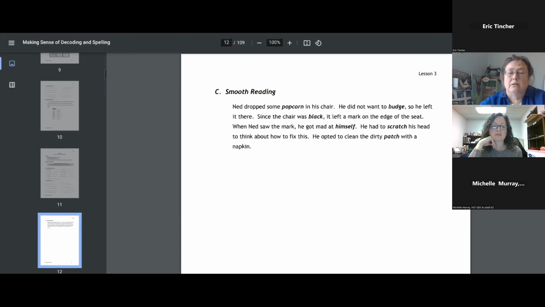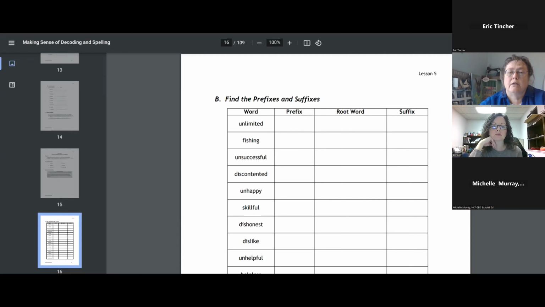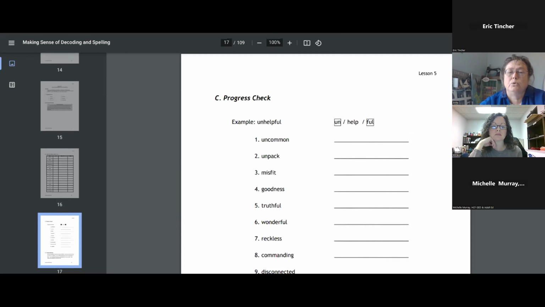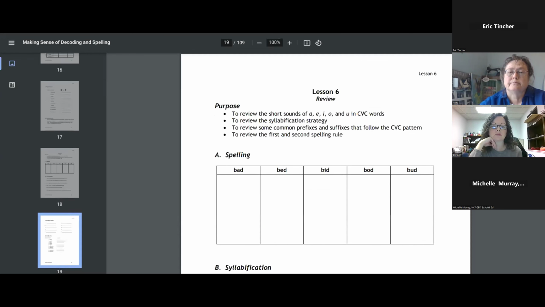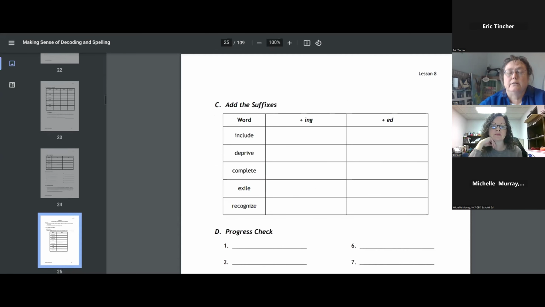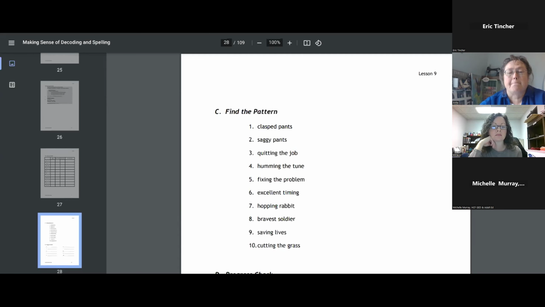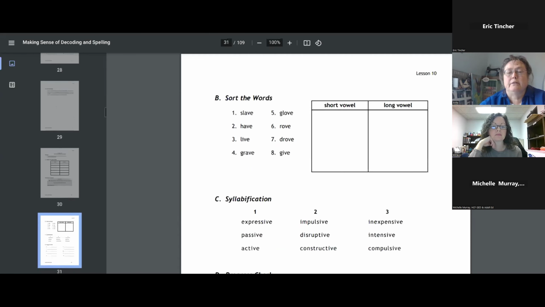I love this book. I use it all the time. It has spelling rules. It has prefixes and suffixes. So 32 lessons would take you through the year, depending on what you need, so that you don't have to do all that by yourself.